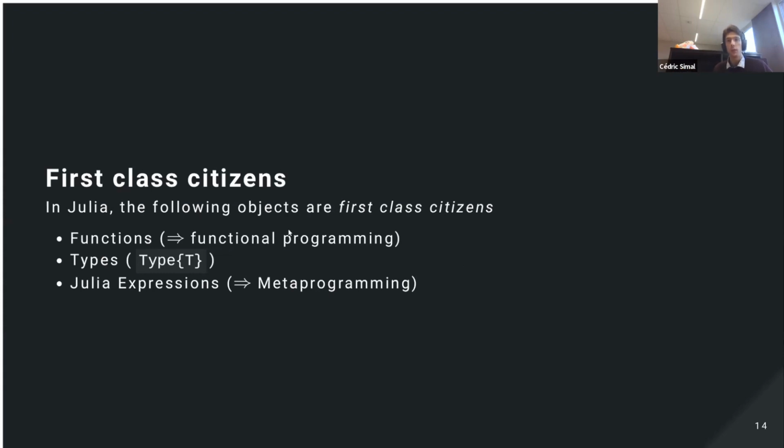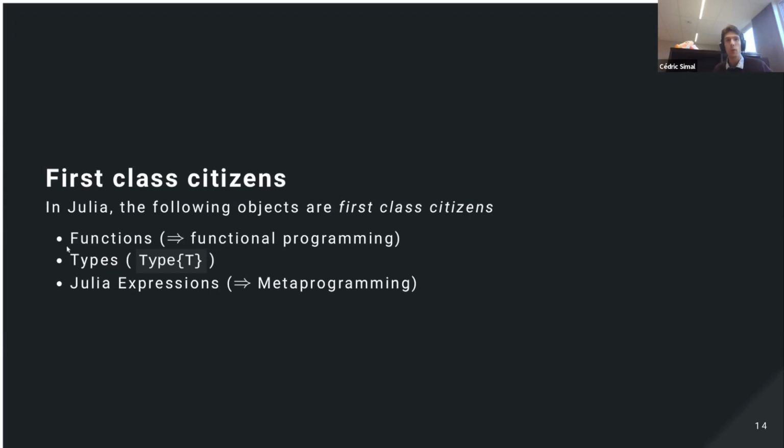Anytime you describe a programming language to someone, it's nice to tell them what the first-class citizens are. To recall, a first-class citizen in a programming language is an object that can be returned by a function, passed as an argument to a function, assigned to a variable, and you can form an expression that returns a value of this object.